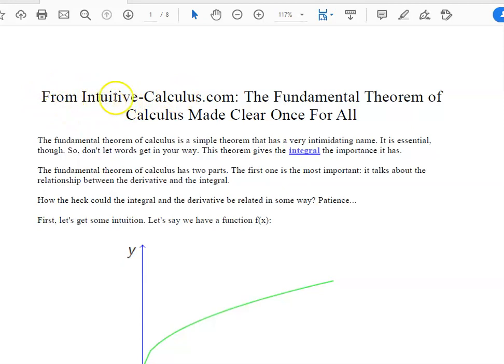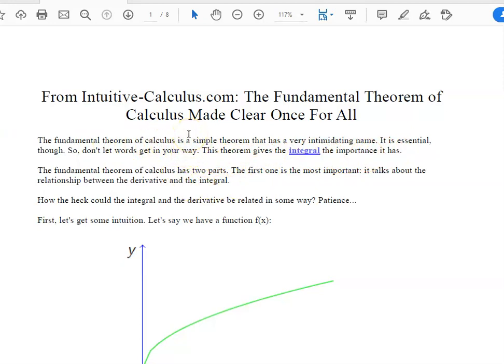This is from intuitivecalculus.com, and it's the fundamental theorem of calculus made clear once and for all. It's still not easy to make clear, I think. Simple theorem, but it has a very intimidating name. This theorem gives the integral its importance.